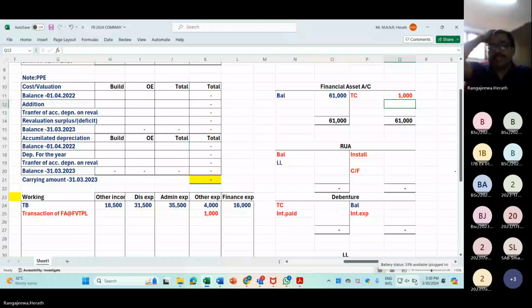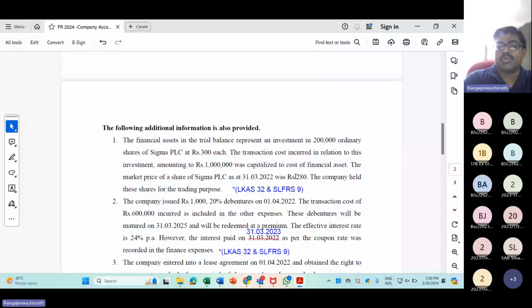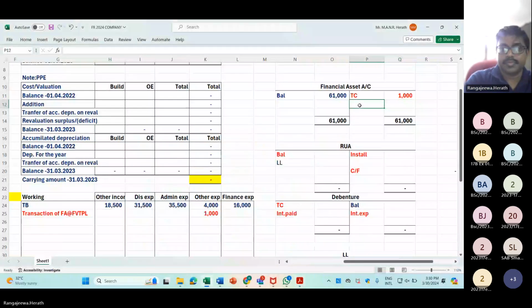Okay. Now, end of the year, the market price of a share is 280. 300 reduced to 280. 280 into 200. Balance carried forward. 280 into 200 is 56,000.